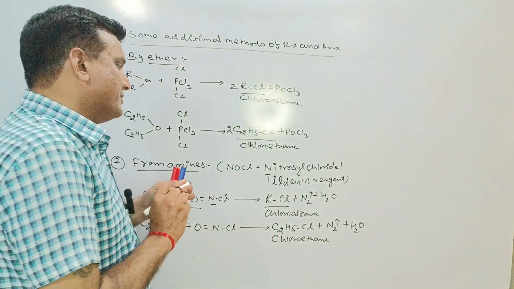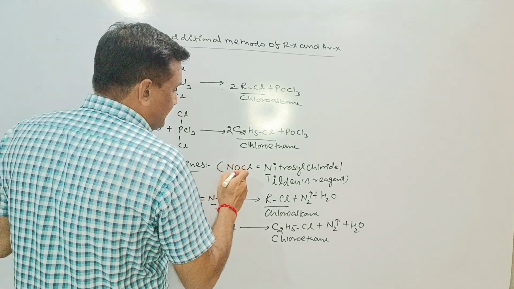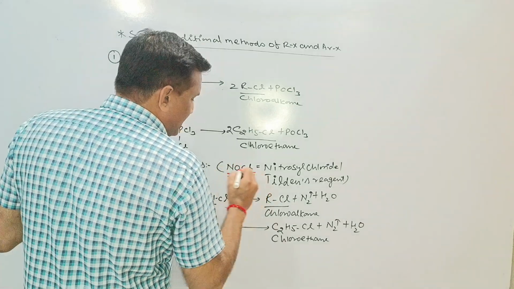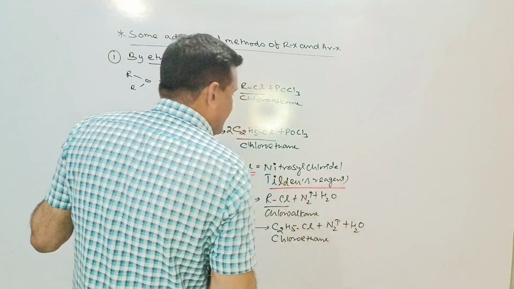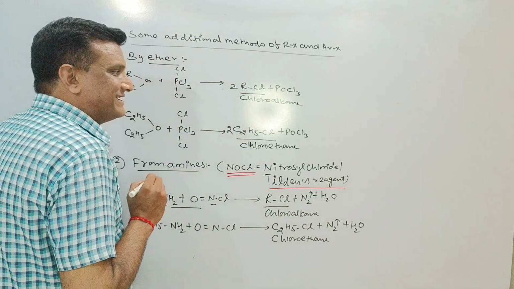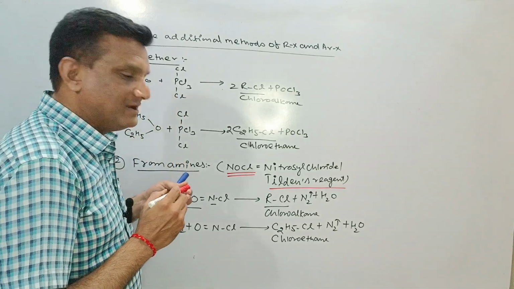This is the most important part. What is that? These reactions are helpful in interconversion also. So NOCl is known as Tilden's reagent, the other name being nitrosyl chloride, and this is the common phosphorus pentachloride.